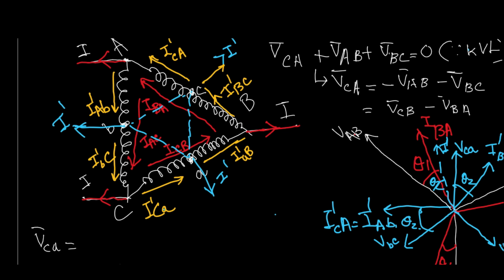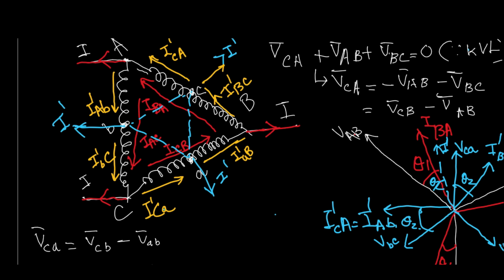So what we can get from here is VCB minus VAB, right? So similarly, here we can also write, taking this inner delta, as this is a balanced winding, VCA is equal to VCB minus VAB. Fine, agreed. Now, what is your VCB? Now you take this delta.